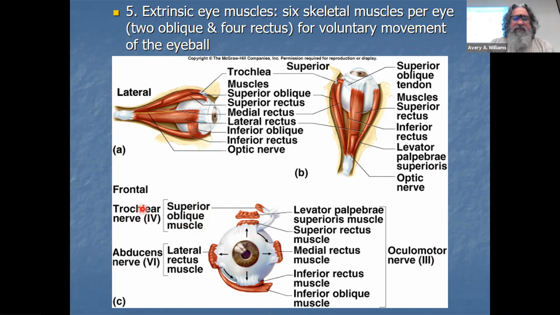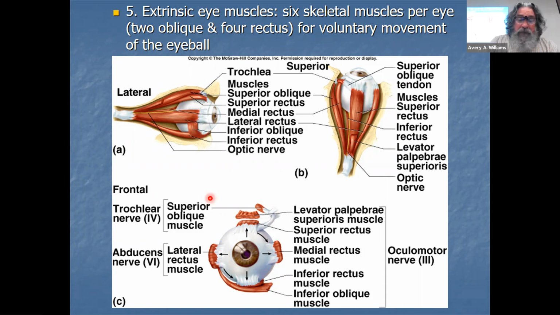And it's named after this little loop right there, called the trochlea. It's like a ligament that supports this muscle, allowing it to come in at a strange angle. But anyway, that's the trochlear nerve innervating the superior oblique muscle.